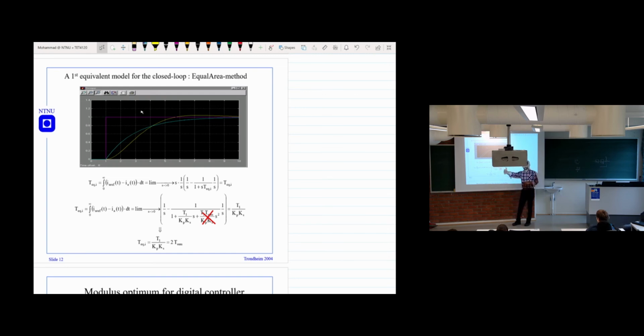And if you have the outer loop controller, that also brings another PI controller and also something on the other side. This means if we want to consider all these things together, then it will be higher than a second order transfer function. A higher than second order transfer function is difficult to tune and it's not straightforward. So what we do, we try to apply the equal area criteria.